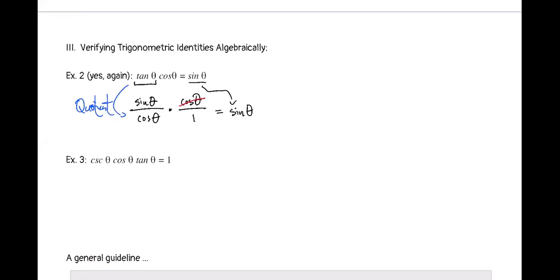This cosine on the top and this cosine on the bottom cancel out. If I were describing this step in an answer key, I might just write algebra to say a general canceling of things out. But that makes the left-hand side equal sine theta, and the right-hand side is also sine theta. That's like saying 1 equals 1 or 5 equals 5. So now we've shown that those are true.